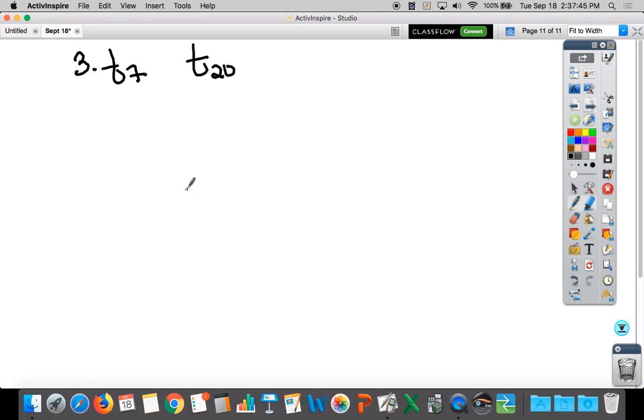But if you look back at the formula, didn't they have T sub n equals? And so they're basically telling you that this is your n. So n is 7 here, and n is 20. So go back and use the 2c to find the 7th term and the 20th term.